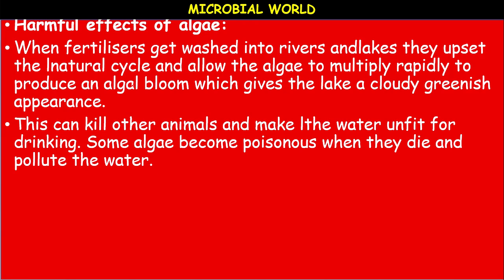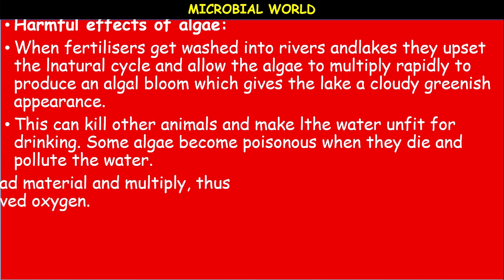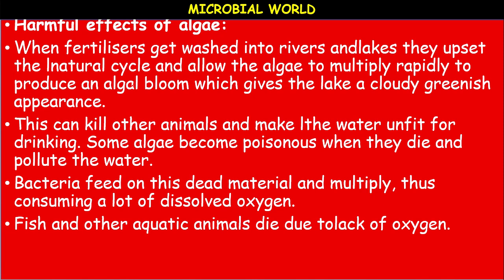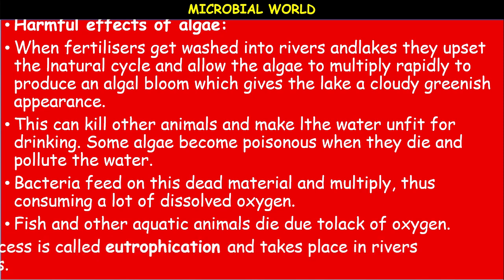This can kill other animals and make the water unfit for drinking. Some algae become poisonous when they die and pollute the water. The bacteria feed on this dead material and multiply, thus consuming a lot of dissolved oxygen. The fish and other aquatic animals die due to lack of oxygen.